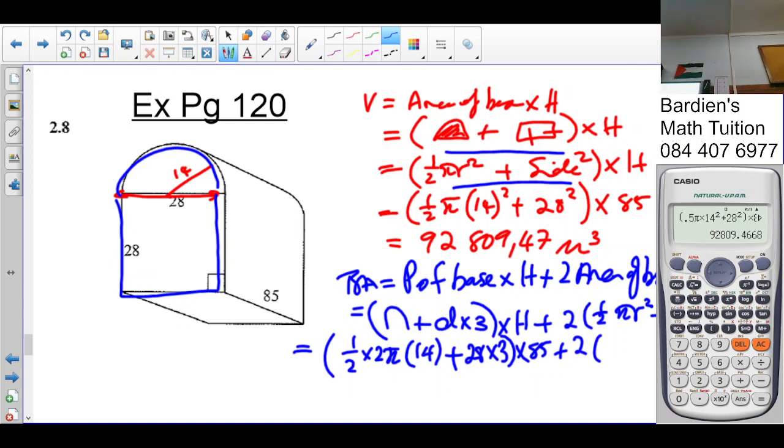So there's 3 28s. 1, 2, 3 28s. Remember that the perimeter is that part. Can you see? It's not that. It's not times 4. Does that make sense, people? Times a half pi, and what's my radius? 14 squared plus 28 squared.